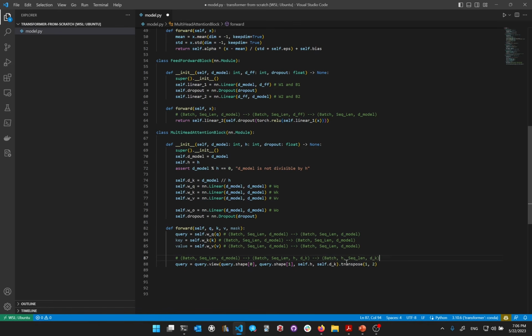This is really important because we want each head to watch the sequence length by dk, which means that each head will see the full sentence, so each word in the sentence, but only a smaller part of the embedding. We do the same thing for the key and the value.